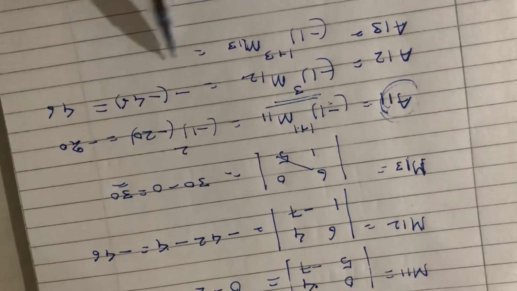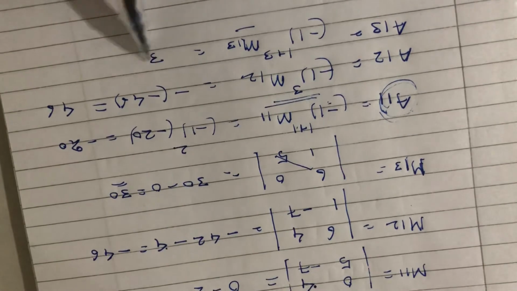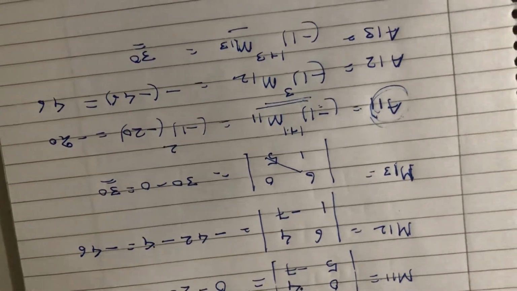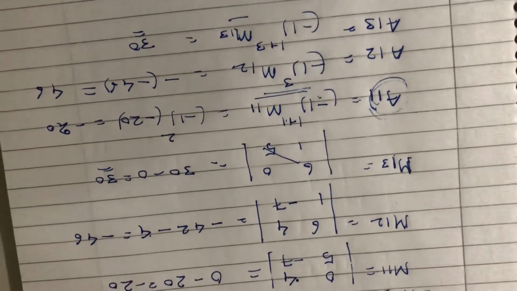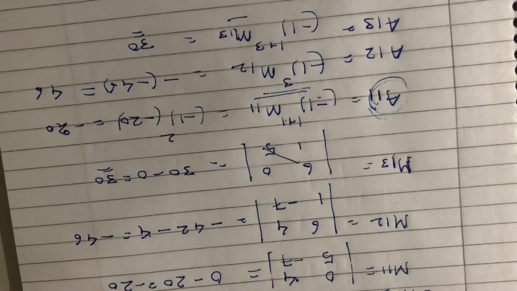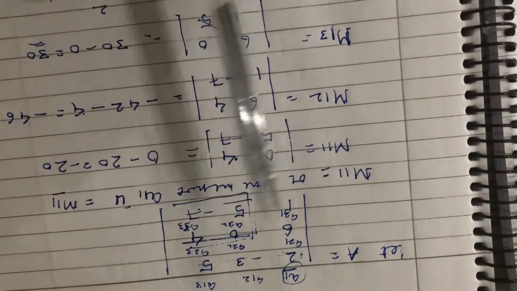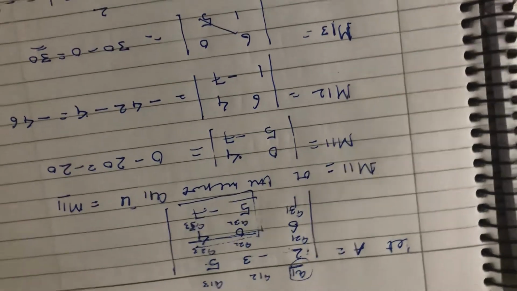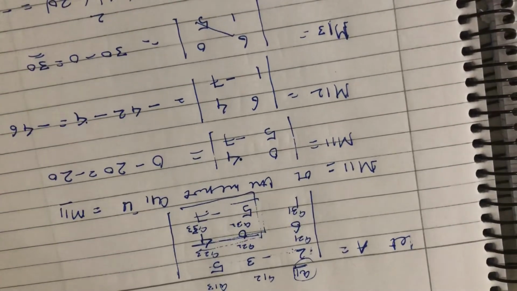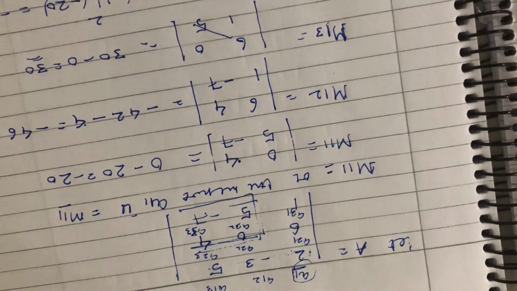Minus 1 to an even power is plus, and M13 is 30. So these are the cofactors of these elements, and you can find the cofactor of all the elements of the given determinant. So these are the minors and cofactors.